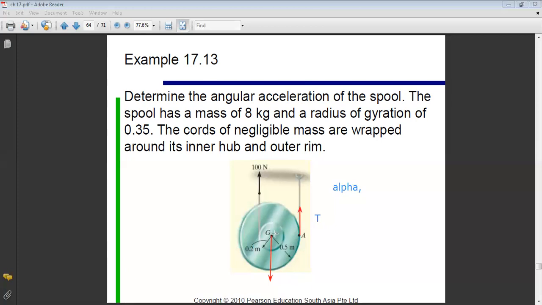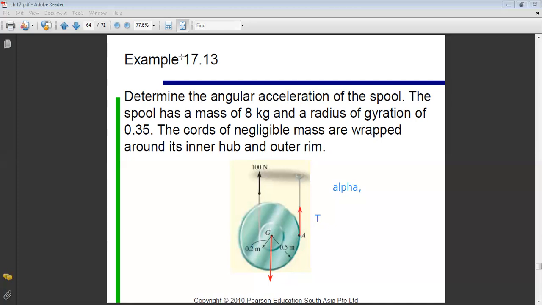Why is it upward? Because in case of rolling without slipping, the velocity of the center is equal to R omega. And it will be along a straight line because the distance between A and G is always constant.